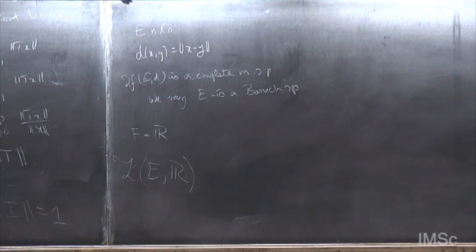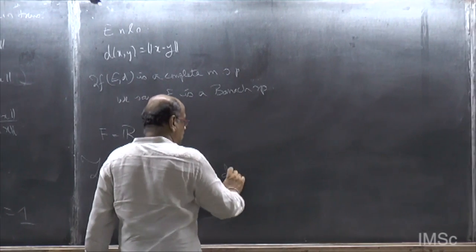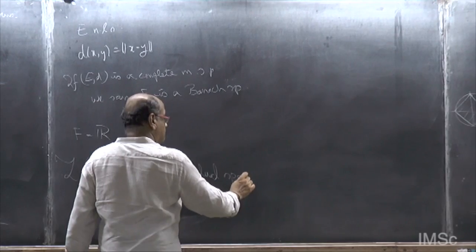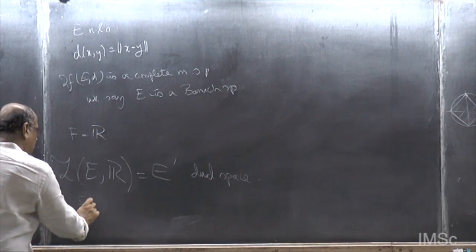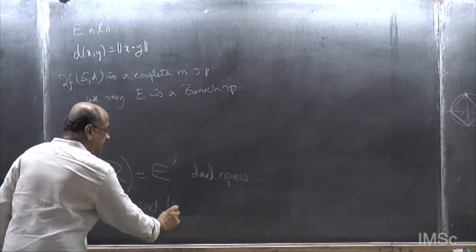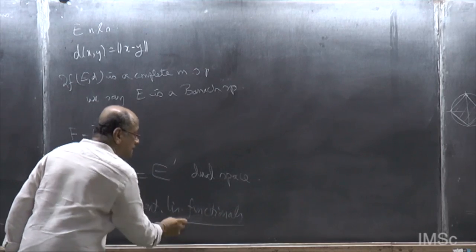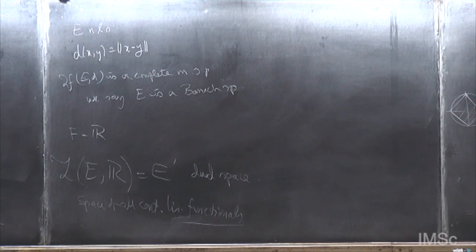Now, this is called E prime or E star, and this is called the dual space: the space of all continuous linear functionals. Functionals, we say whenever it is a scalar valued function. This is called the dual space, and whatever E is, E prime is always complete.